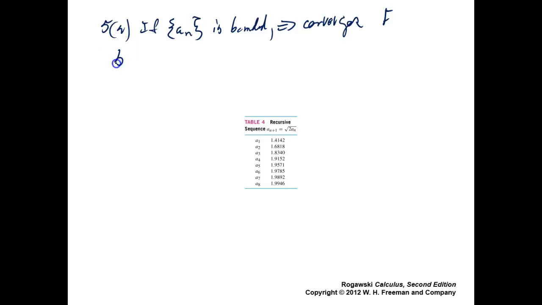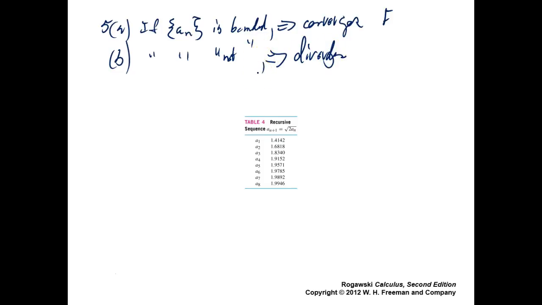Okay, B. If a sub n is not bounded, then it diverges. Okay?